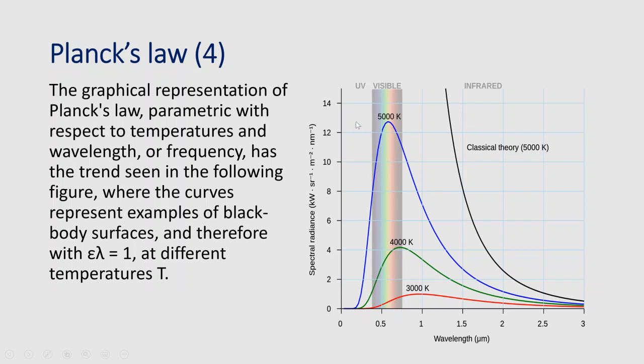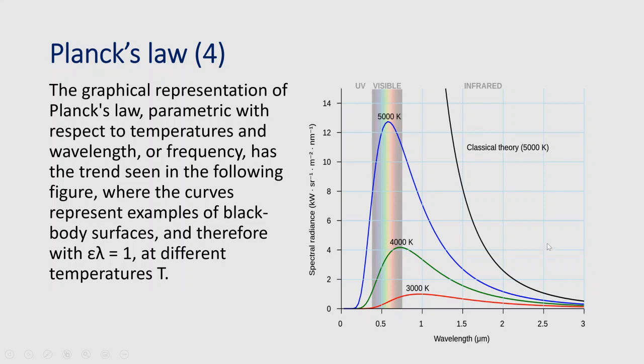And you see here on the y-axis we have the spectral radiance, so the M value. You see here there are actually 4 curves, with different colors: red, green, blue, and black. That means that this diagram, as mentioned before, is parametric with respect to the temperature.